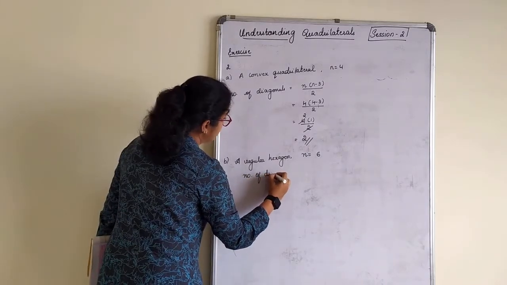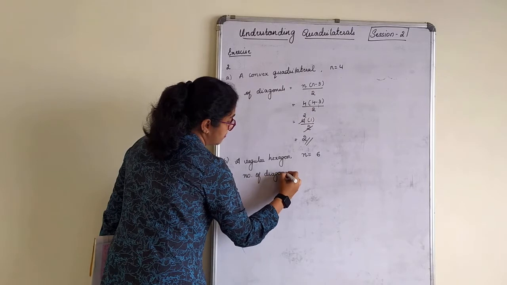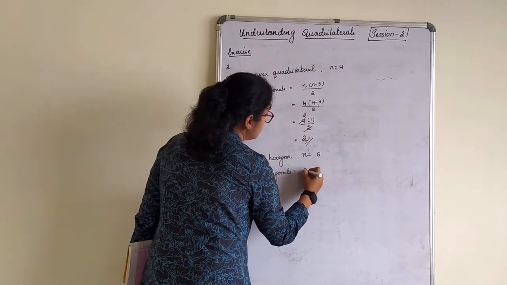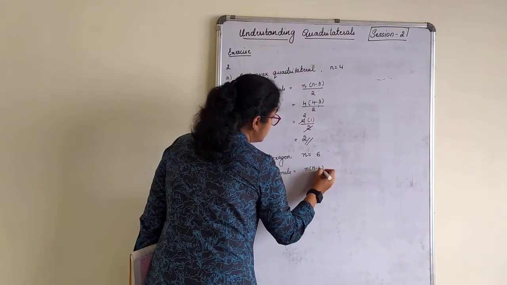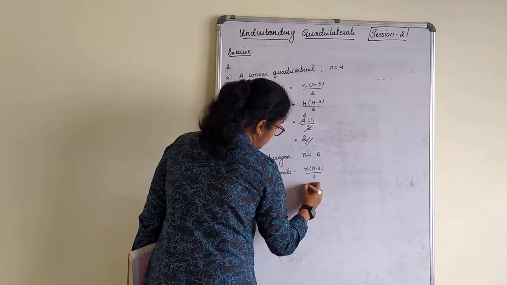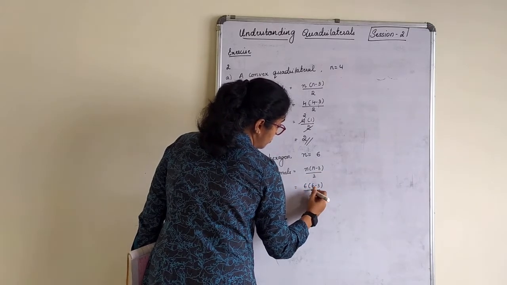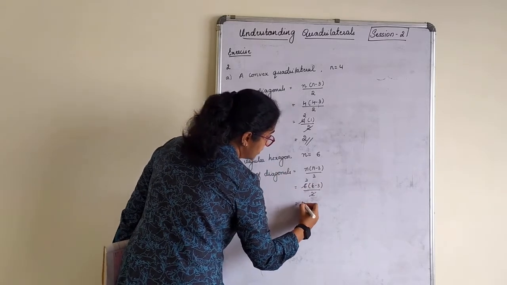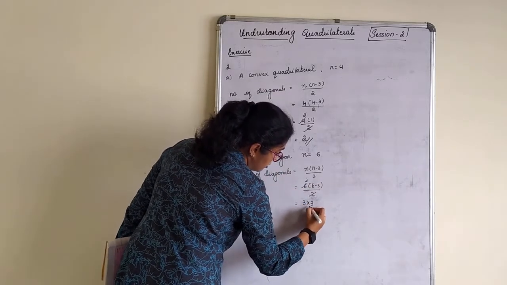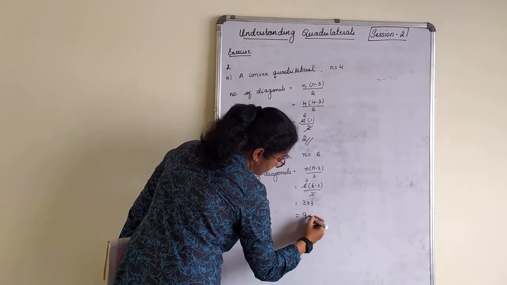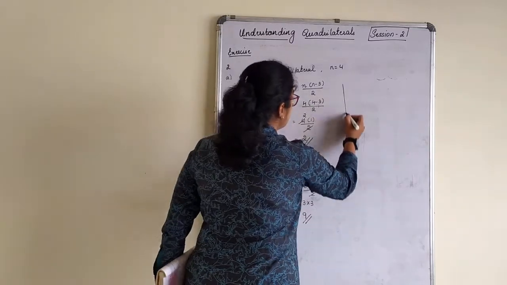Number of diagonals is equal to n(n minus 3) divided by 2. That is 6 into (6 minus 3) divided by 2. 6 minus 3 is 3, so 6 into 3 divided by 2, which is 9.